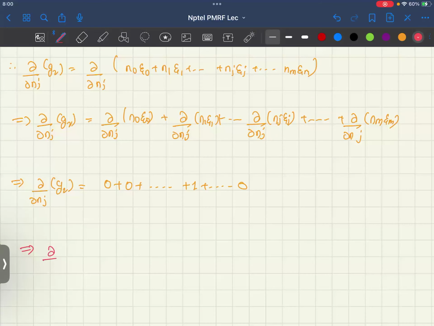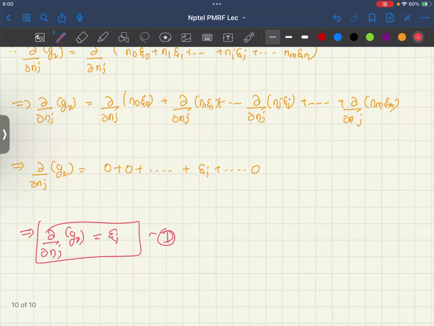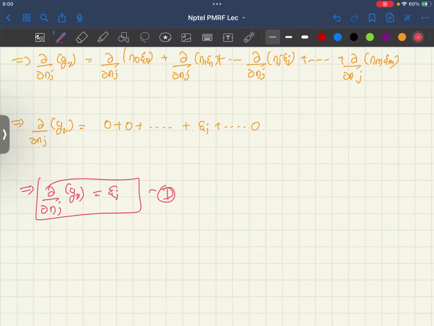Therefore, ∂/∂nj of G2 is equal to 1. Sorry, this is not equal to 1. This is equal to epsilon j, right? This is option B.